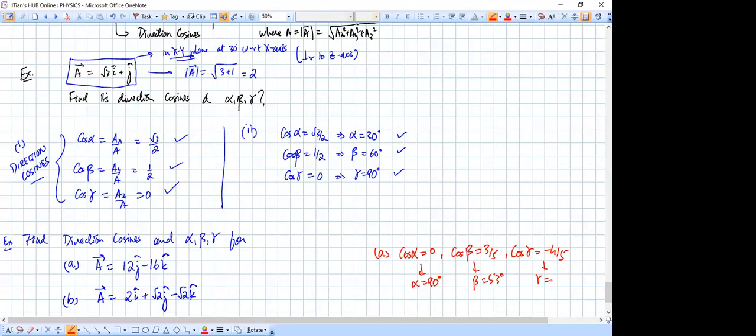It will be 180 minus 37, so 143 degrees. This is this part's answer.